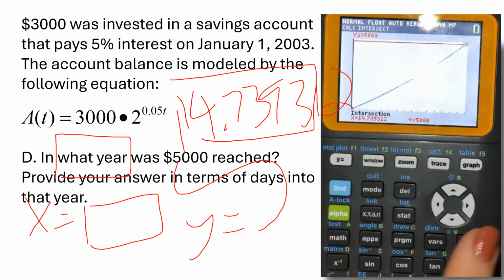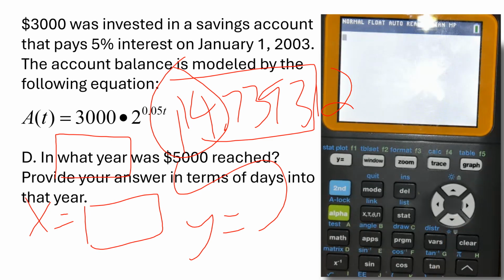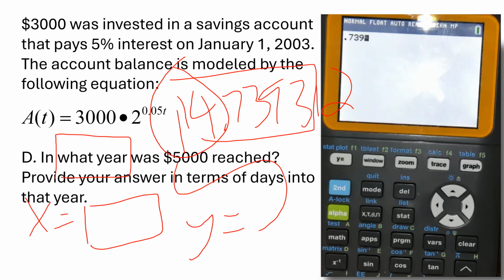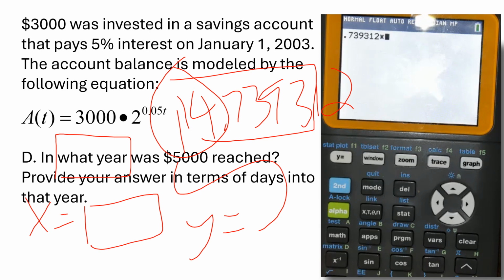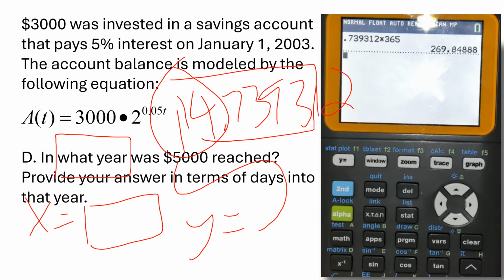What does this tell me? So I know that there's 14 years, but then there's this partial, 0.739312, and we're going to multiply that times the number of days in a year, which is 365. So we could say after 14 years and 269 days, we can assume the savings count will have reached $5,000.